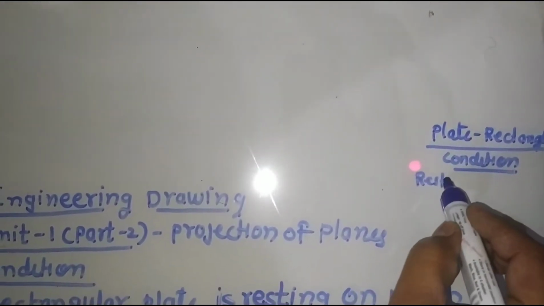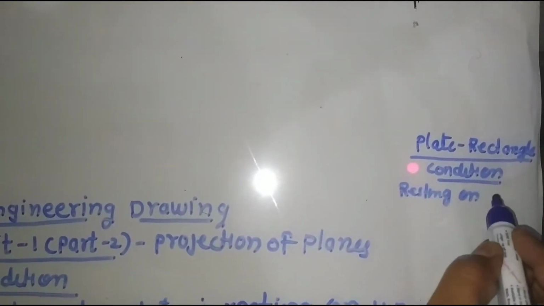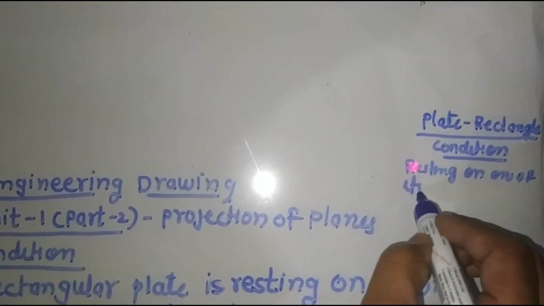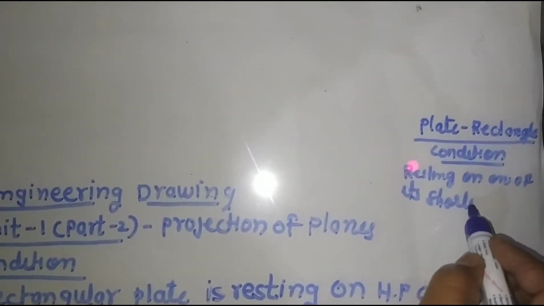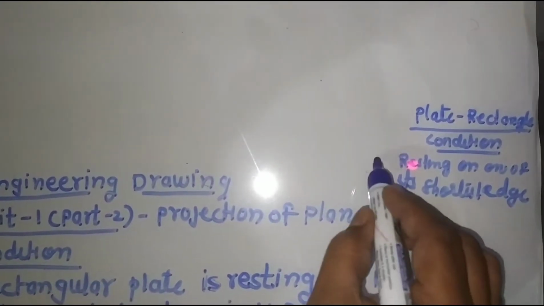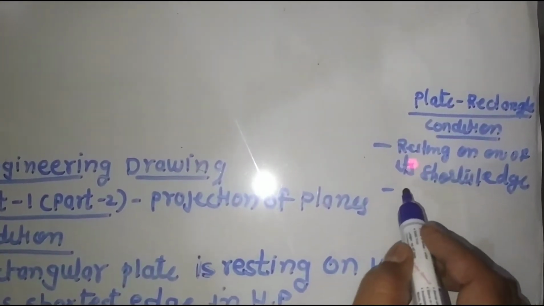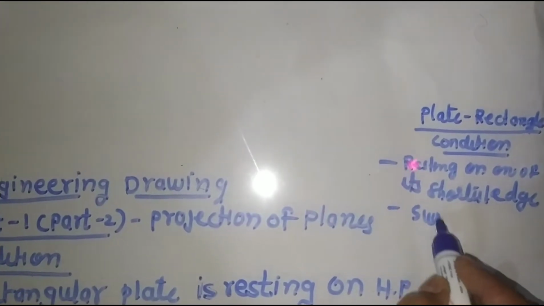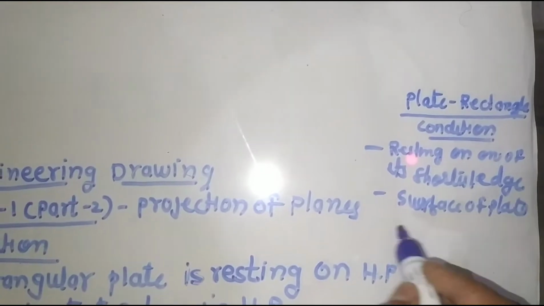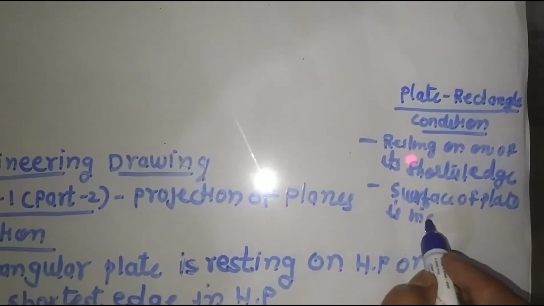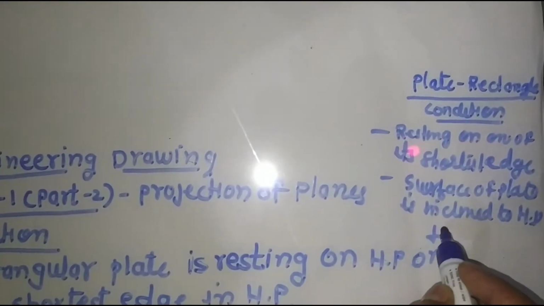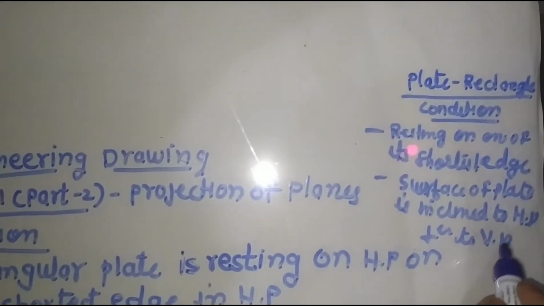Resting on one of its shortest edges. First condition, the surface of the plate is inclined to HP and perpendicular to VP.